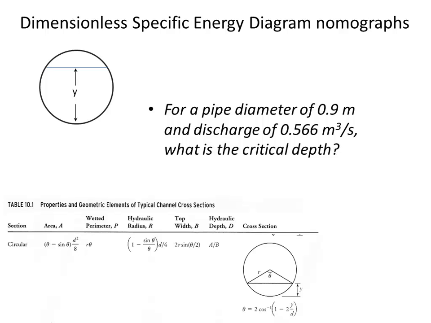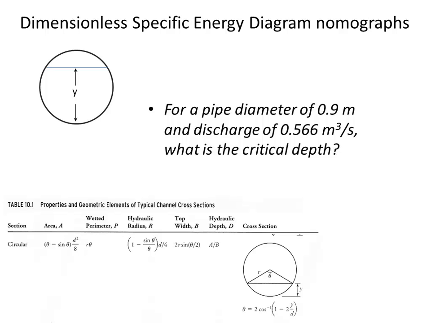And so the first thing to do is trying to find the angle based on the fact that we know the diameter and the discharge and putting it into Manning's equation. So let me illustrate how easy the nomograph can be if we start the hard way. This is the hard way.